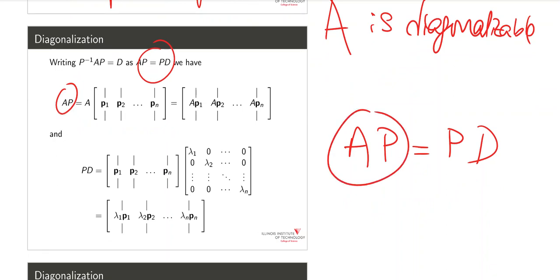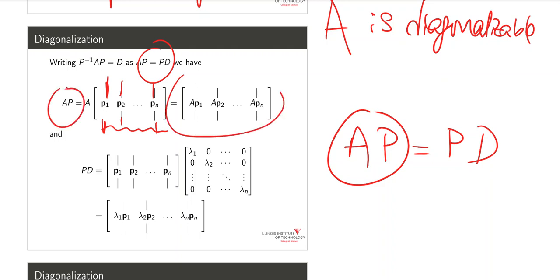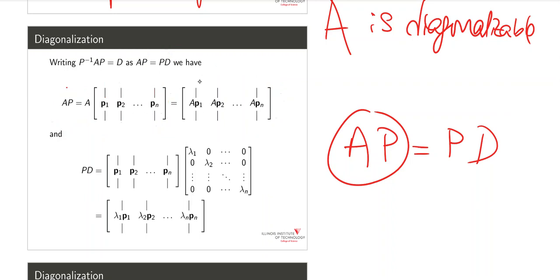AP is A times all these column vectors, and for matrix multiplication that is the same as multiplying each column by A. So the first column is AP1, then AP2, all the way to APn. This is the matrix multiplication property that we learned in the first week of class.